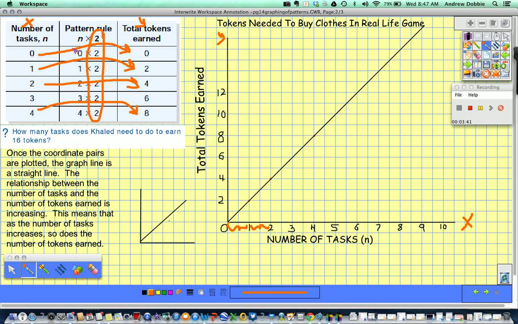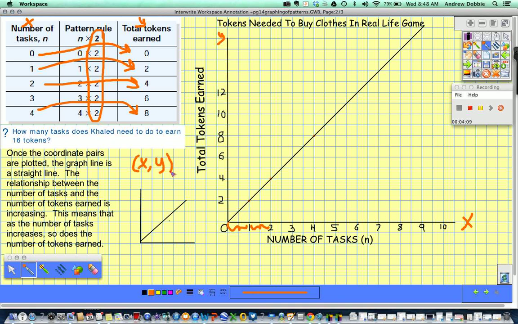So when the number of tasks n equals 0, that represents the x-coordinate. So along the x-axis, that means it starts here at 0. But the coordinate pair for the 0 is over here. So for every coordinate pair, there are 2 numbers. The first number is always the x value, and the second number is always the y value, whenever we look at coordinate pairs.